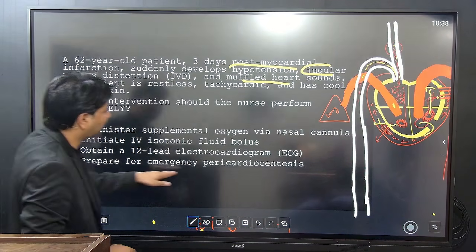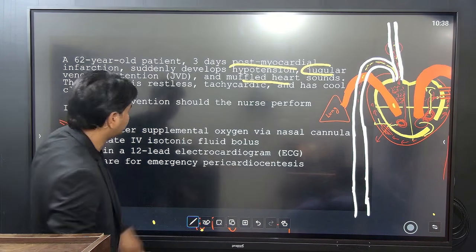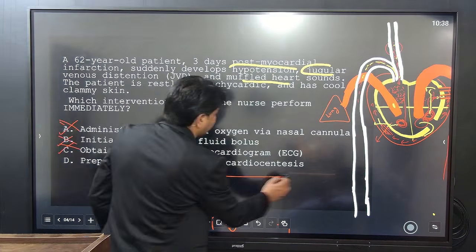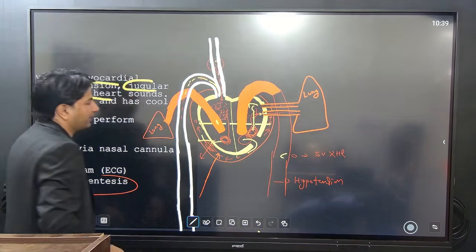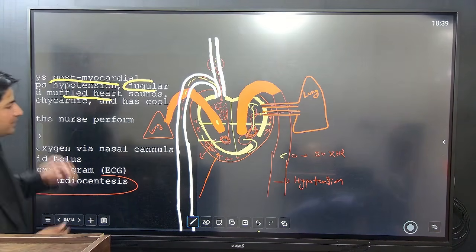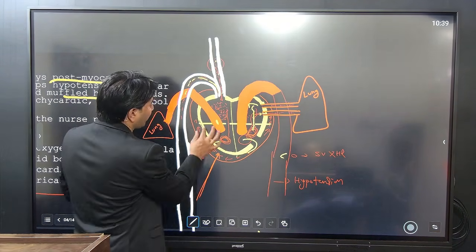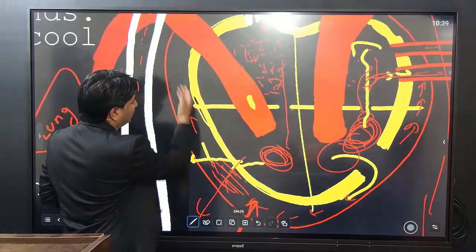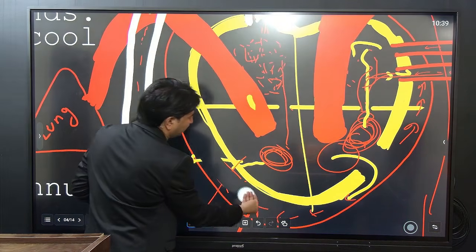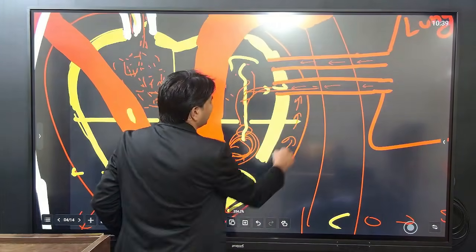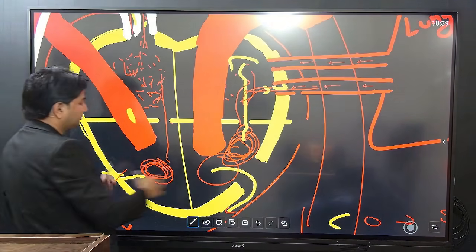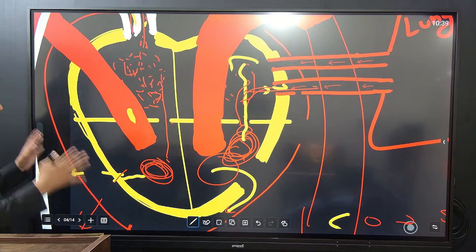Prepare for emergency pericardiocentesis. In pericardiocentesis, what happens is we aspirate this fluid from right here. Once you've aspirated the fluid, look, there's no blood left in this pericardial space. And if there's no blood or fluid here, then this pericardial membrane, or pericardium, won't keep the heart gripped.